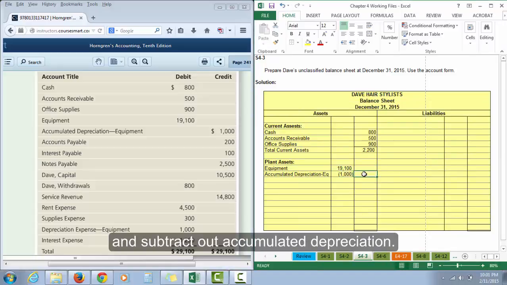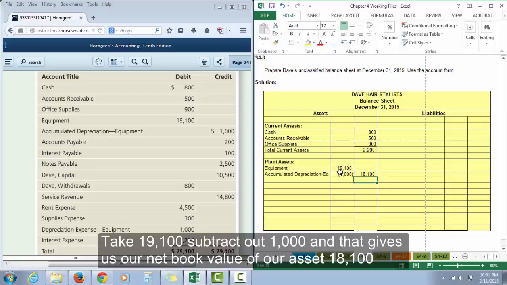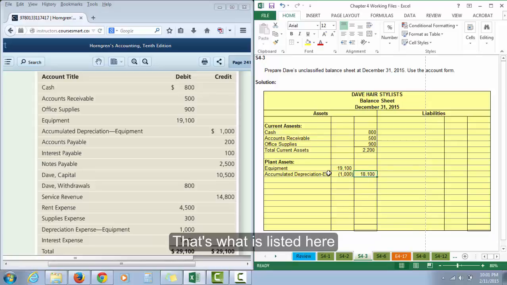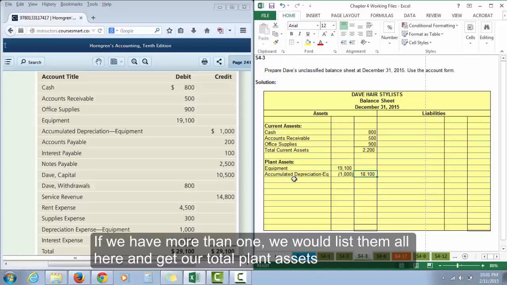So we're going to take the 19,100, subtract out the 1,000. That gives us our net book value of our asset of 18,100. So that's what's going to be listed over here. If we had more than one, we would list them all here and then get our total plant assets. But that's our total plant assets. It's just for the equipment. So we can go ahead and put that on here.